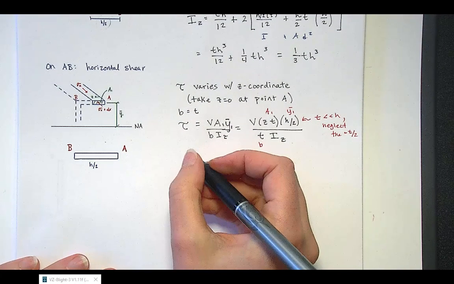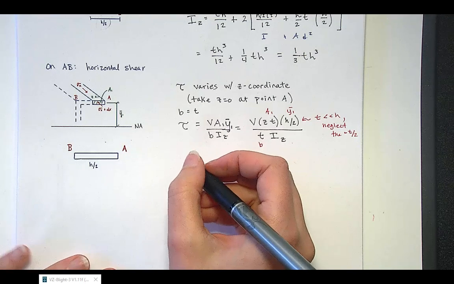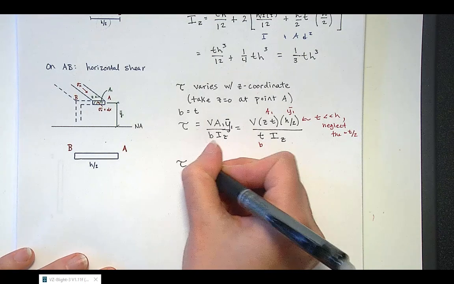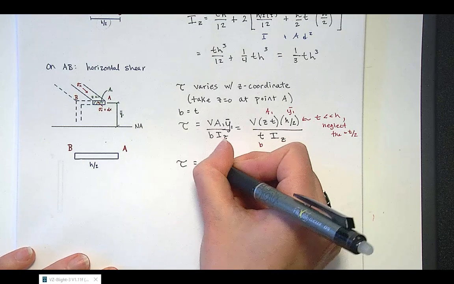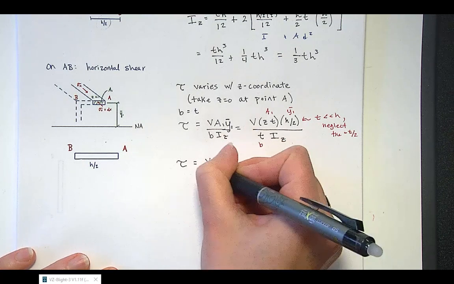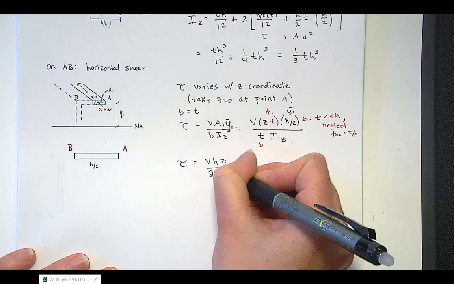Alright, so then simplifying this a little bit, we have shear stress is equal to VHZ over 2IZ.